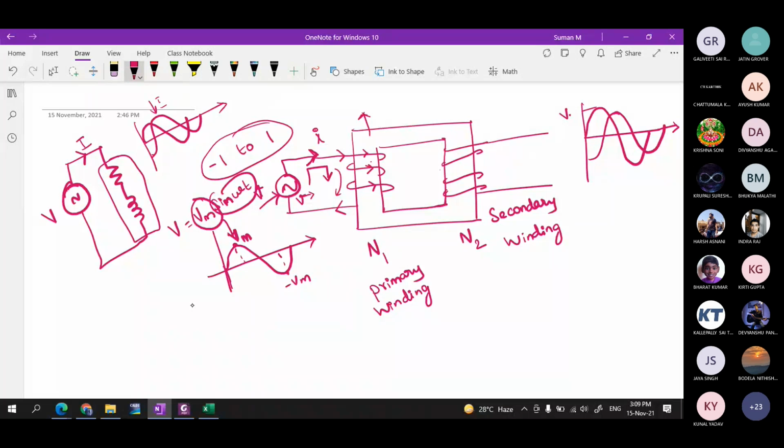Whenever there is a rate of change of electric field, or if there is a current, there will always be a field. If some current is flowing through the path, irrespective of whether it is DC current or AC current, then some flux is established over that conductor.